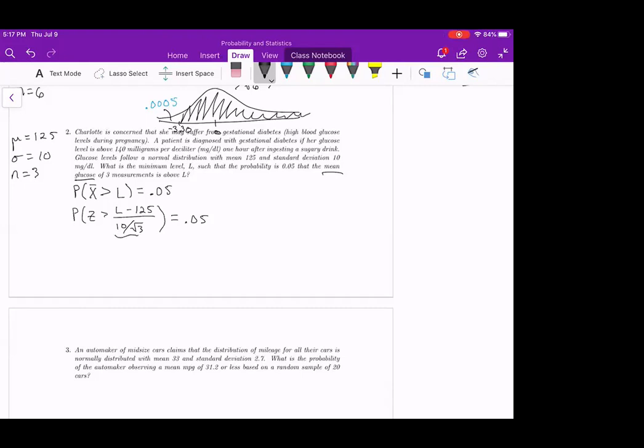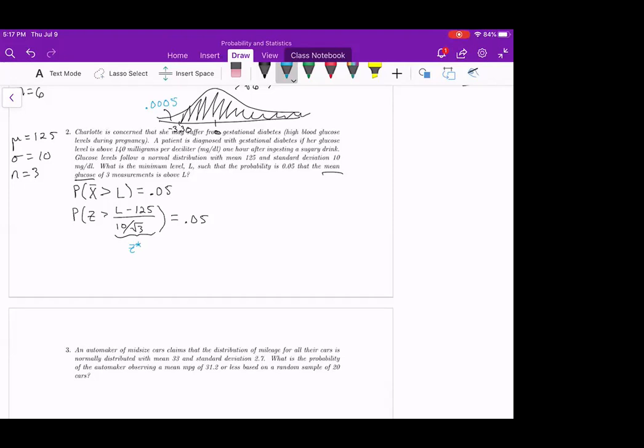Now this I'm going to call z star. And what I want to know is, what should the value of z star be so that this probability is 0.05?